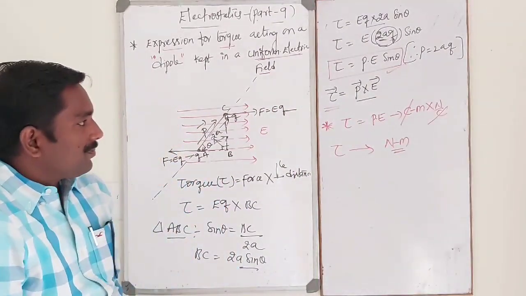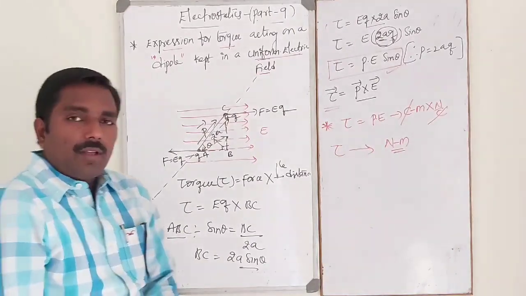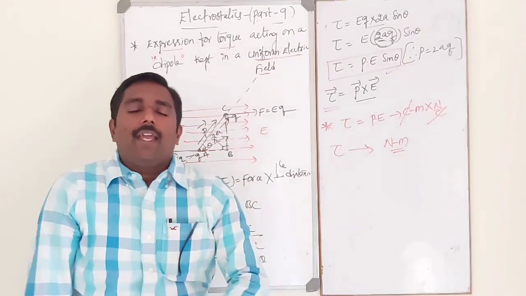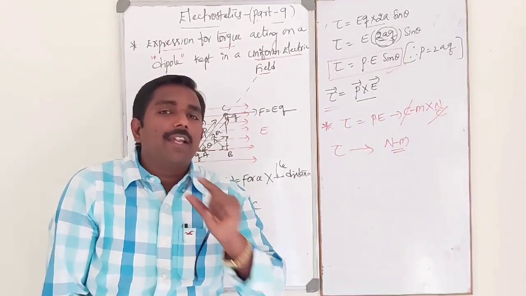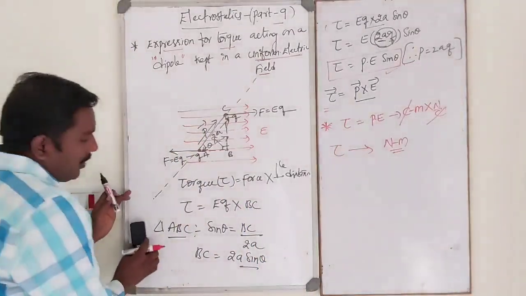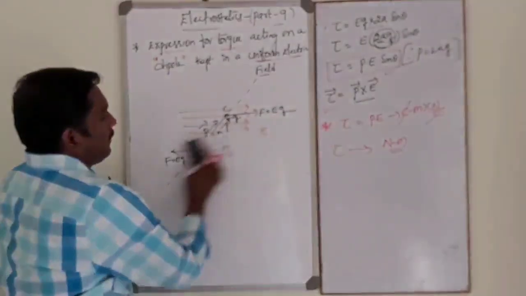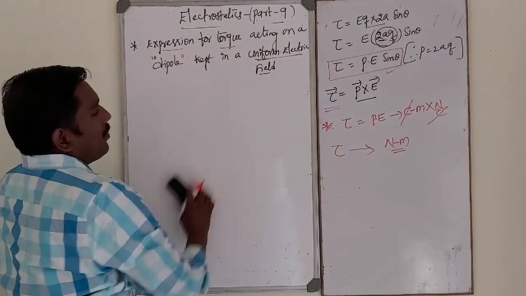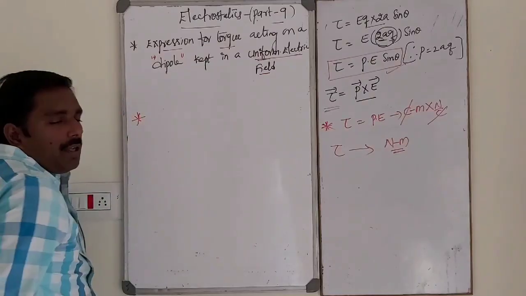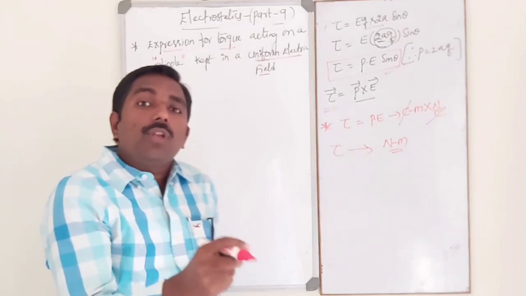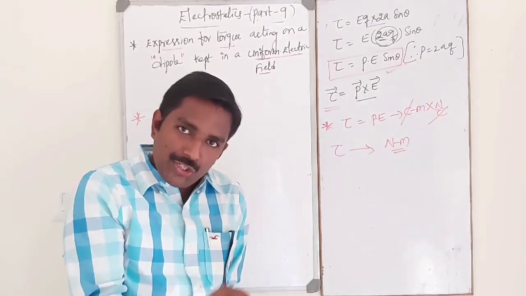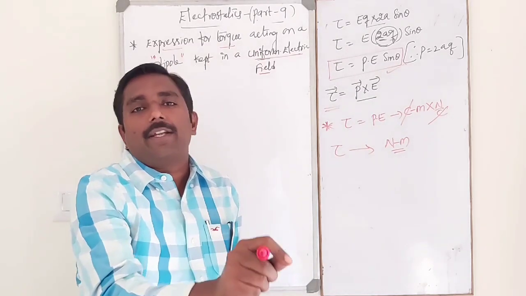So okay, students, note this very most important point. A dipole kept in a uniform electric field: the net force acting on the dipole is 0 and the torque will be acting on it.